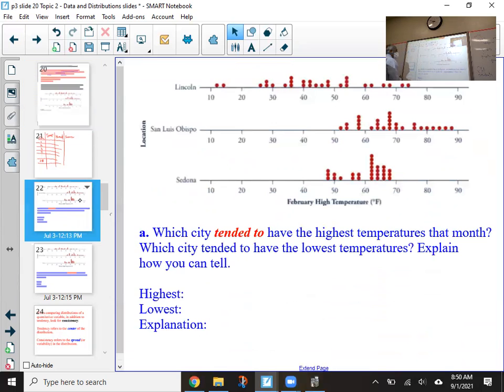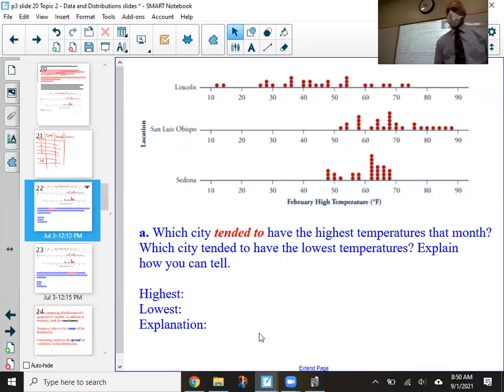So it says, which city tended to have the highest temperatures that month. Tended to means kind of on average. So on average, which of these cities had the highest temperatures? Again, you might want to use a magic bowl, or let people look at it for a minute.